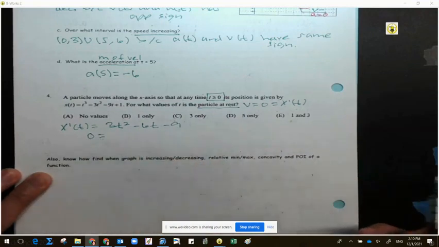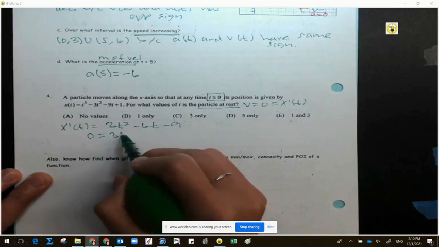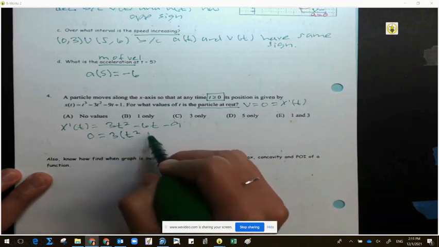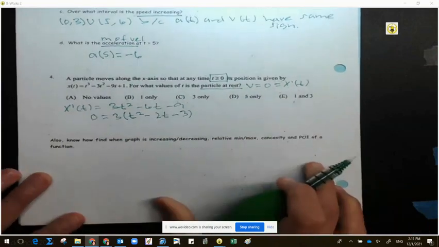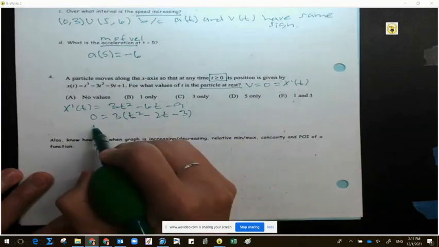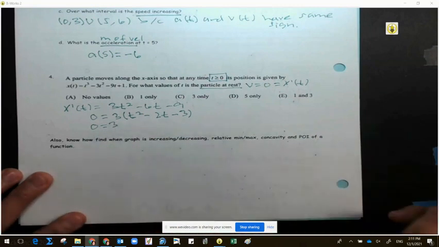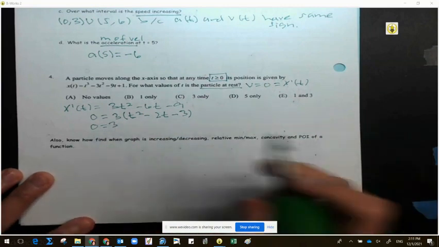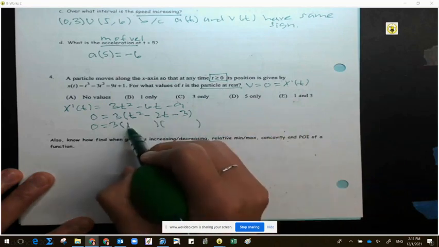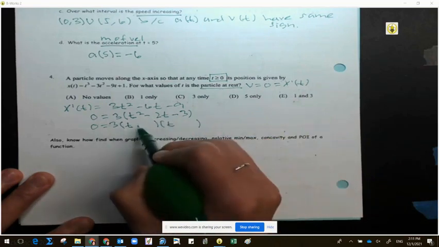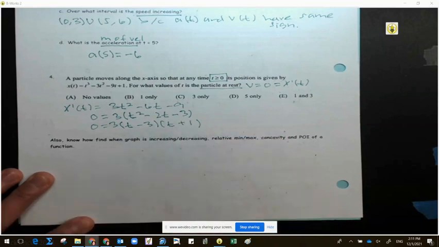And while I'm at it, let's factor out the 3 because I don't need it. So I have t squared minus 2t minus 3. And when I do factor this, what two numbers will satisfy the product of negative 3 and sum of negative 2? Negative 3 and 1, very good.